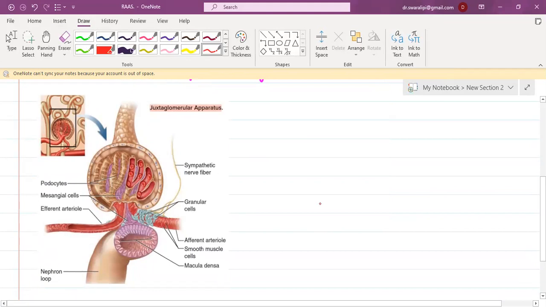It comprises the afferent arteriole, the efferent arteriole, and a part of the distal convoluted tubule, or you can also say the end of the nephron loop. The loop of Henle, as it is just forming the distal convoluted tubule, passes through a region where it meets the afferent and the efferent arteriole.